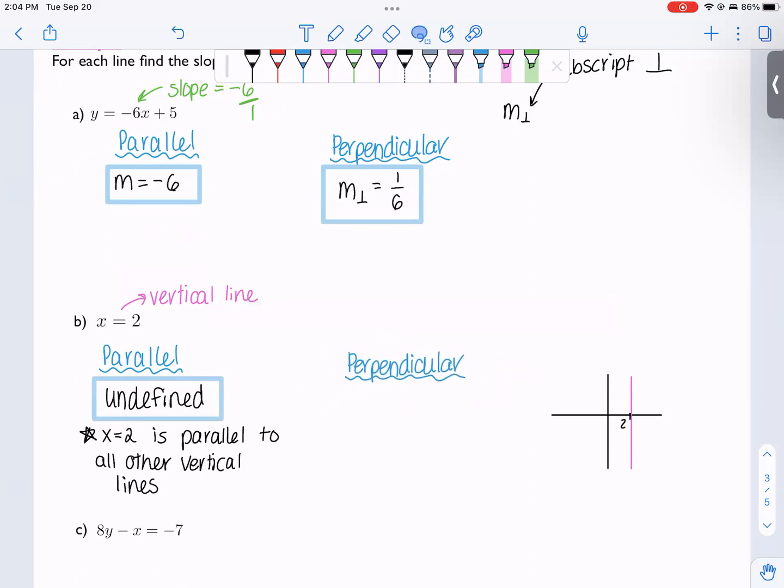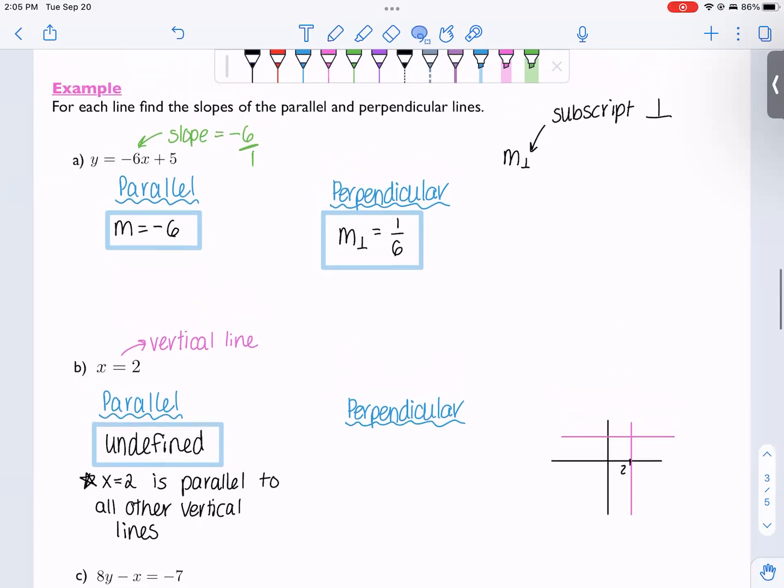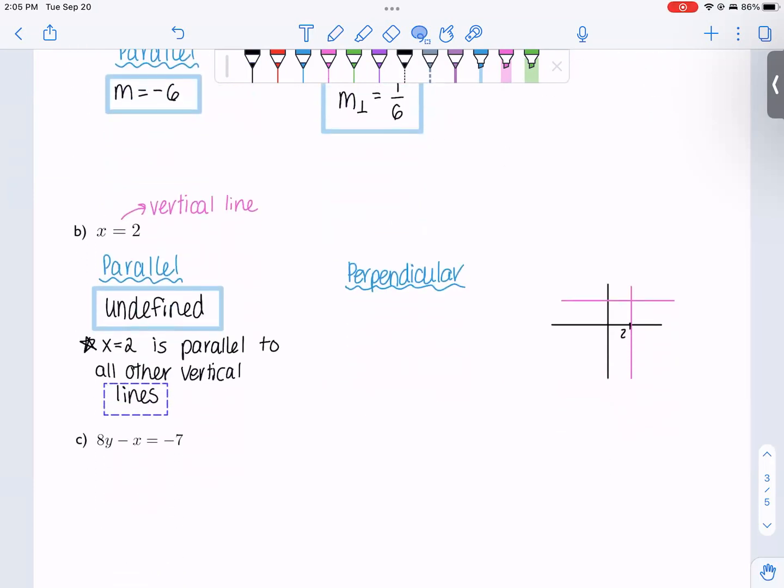For perpendicular, I'd mentioned this before, we're going to be perpendicular to all horizontal lines. So horizontal lines, like this guy right here, they have a slope of 0 because you can drive a car on it. You're just not going up or down.